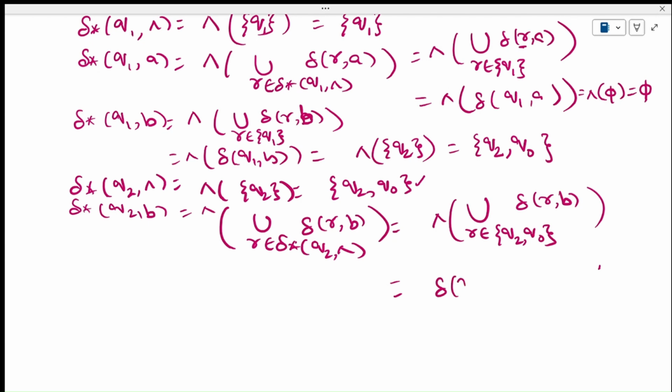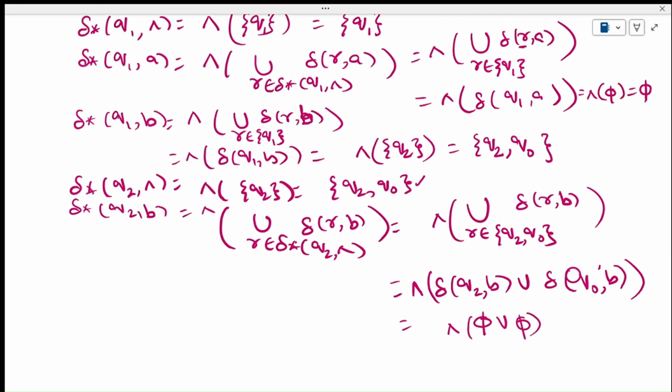So delta Q2 with B union delta Q0 with B. Then whole null closure. Delta Q2 on reading B, Q2 doesn't have any transition on B, so phi union Q0 doesn't have any transition on B, so again phi union phi is phi, null closure of phi is phi. So I get phi in this place.